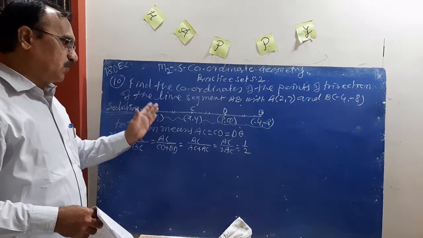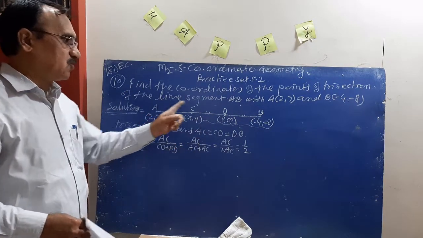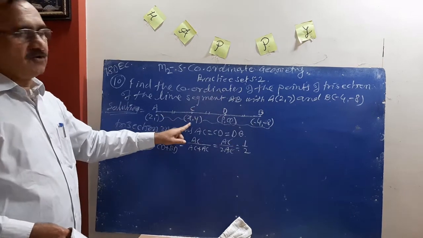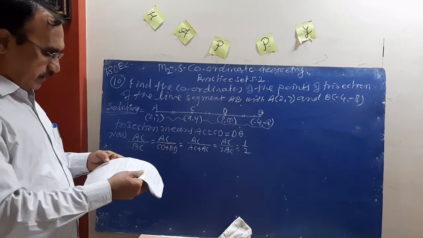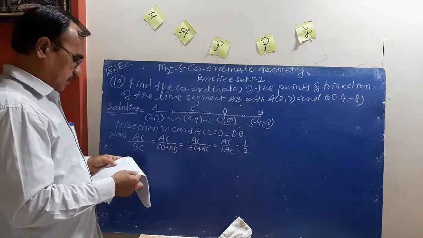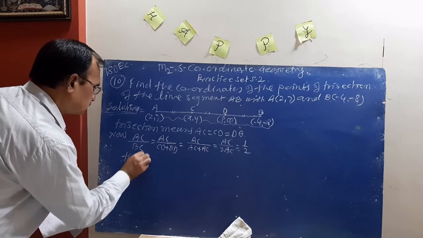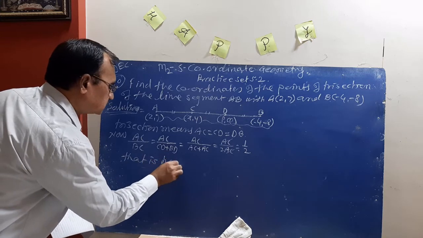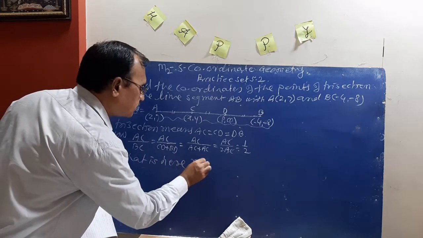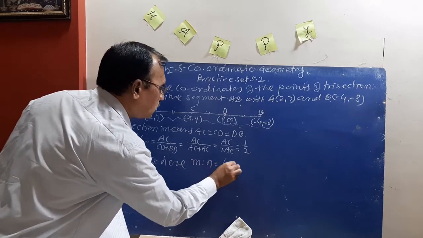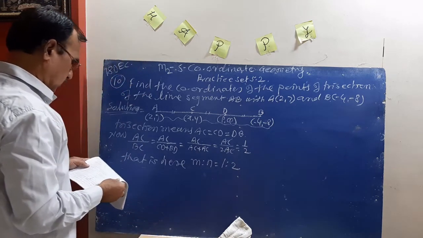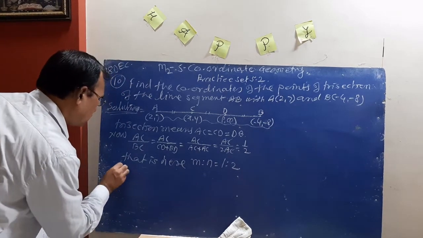And if we know the values of m and n and the coordinates of this point, then we can easily find the coordinates of point D. Here m to n is equal to 1 to 2. Now the section formula.